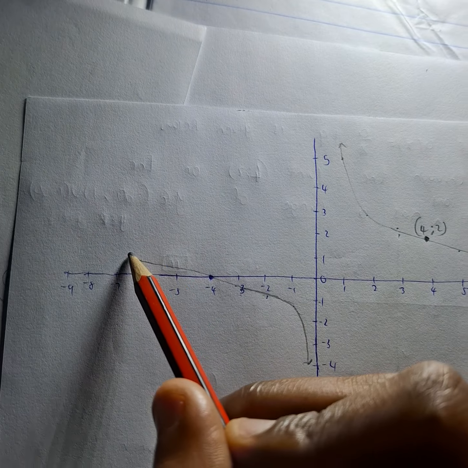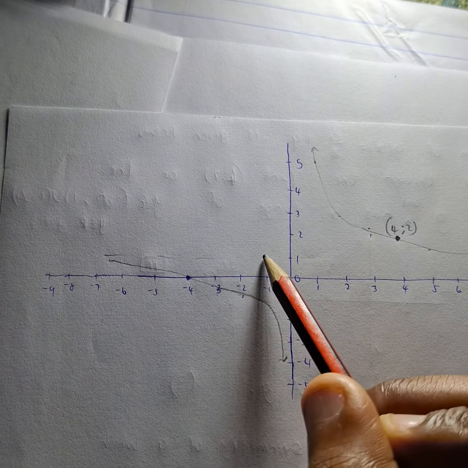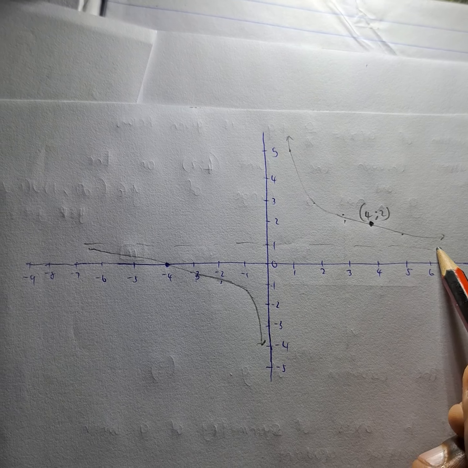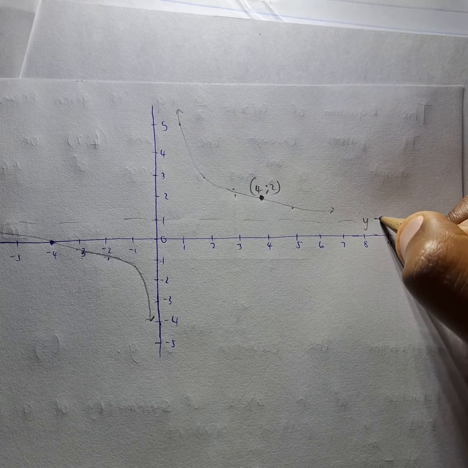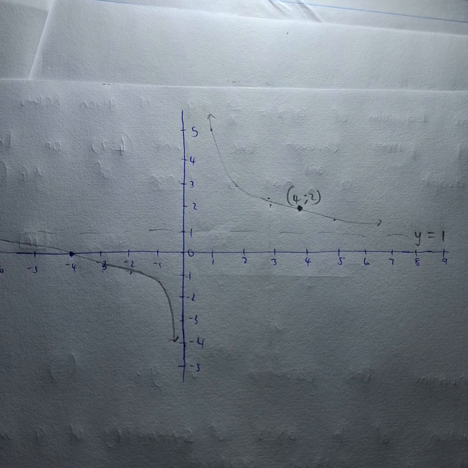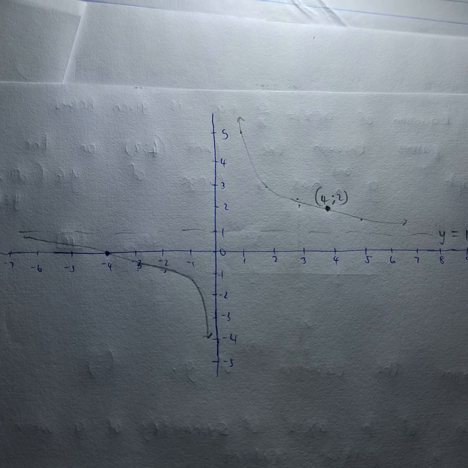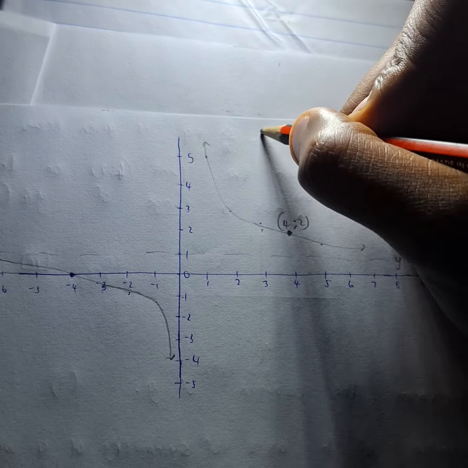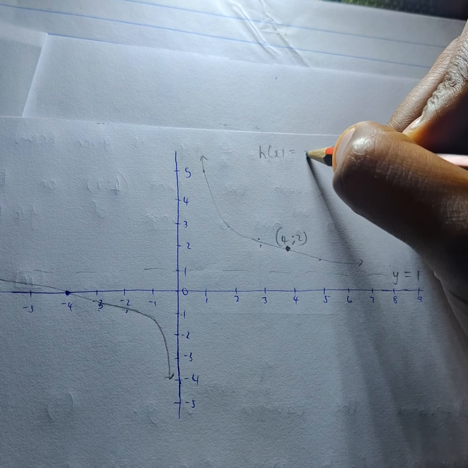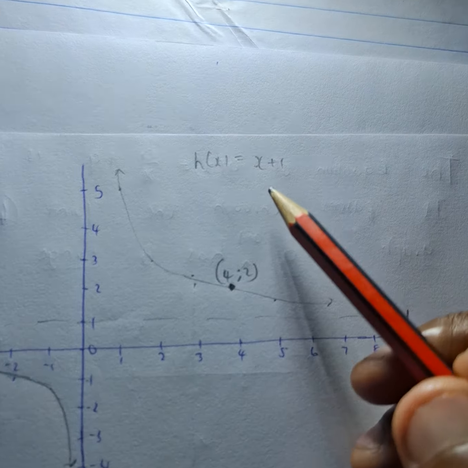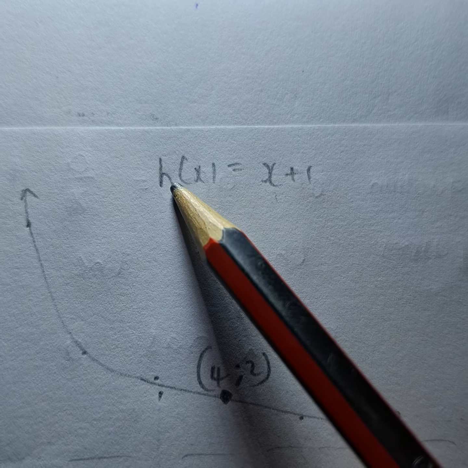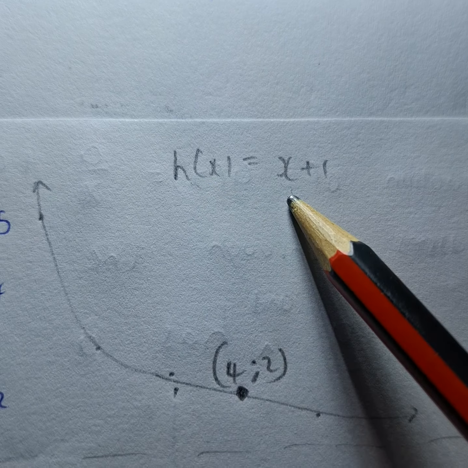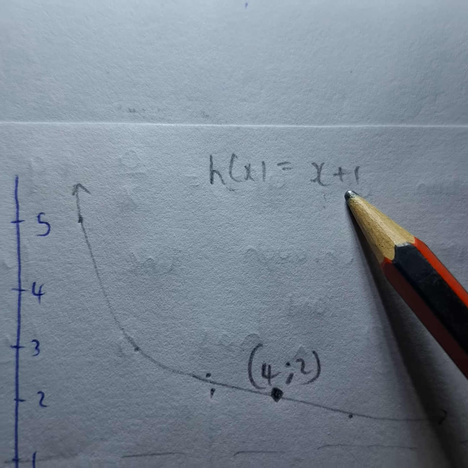Okay, so now what's important here is that in the diagram we didn't have our asymptote, so we are going to now sketch the function y is equal to x plus 1. Remember h of x, we've just found that the axis of symmetry for the function that has a positive gradient is h of x is equal to x plus 1.